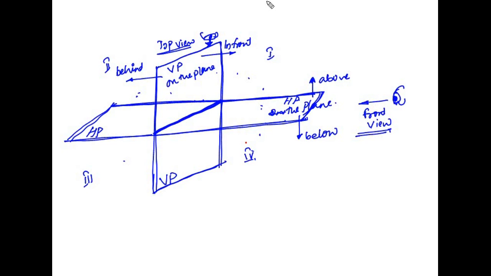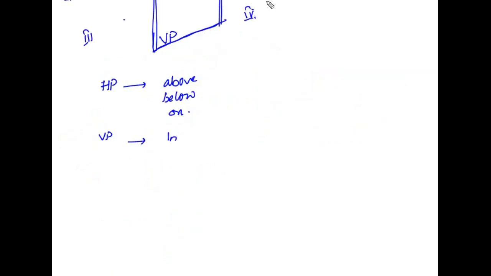Understand? So once again, we have three positions with respect to the horizontal plane: above the horizontal plane, below the horizontal plane, and on the plane. And you have three positions with respect to the vertical plane: in front of the vertical plane, behind the vertical plane, and on the vertical plane.